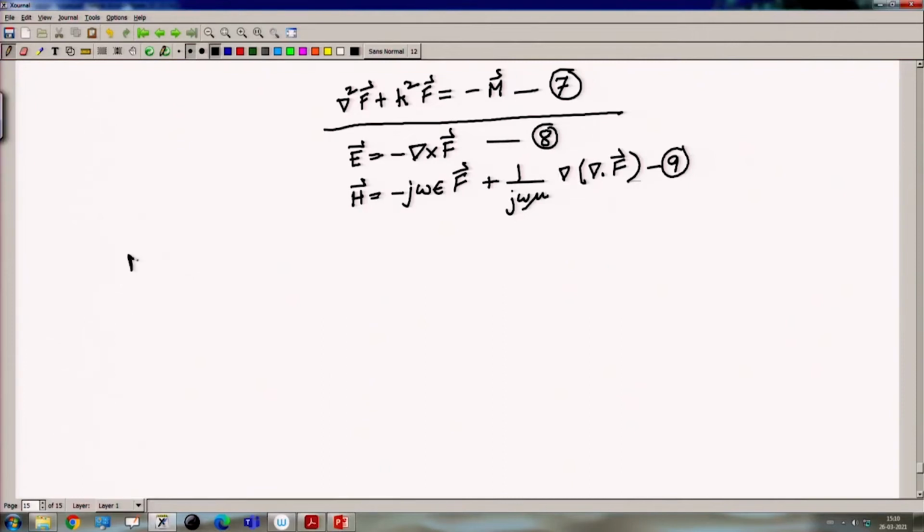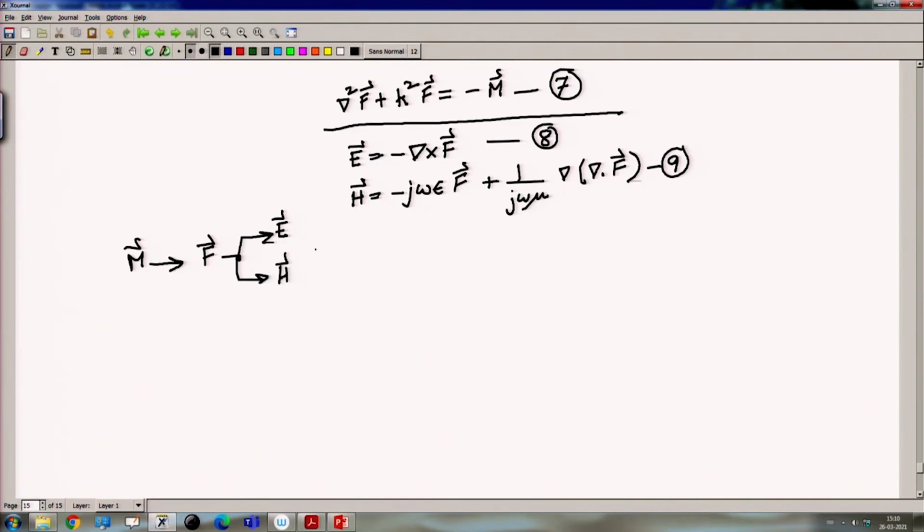So, we have a magnetic current source and from there we have the electric vector potential F, and from there we have the expressions for the electric and the magnetic fields.